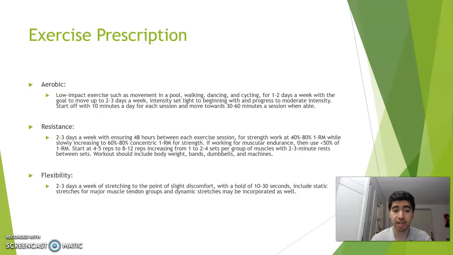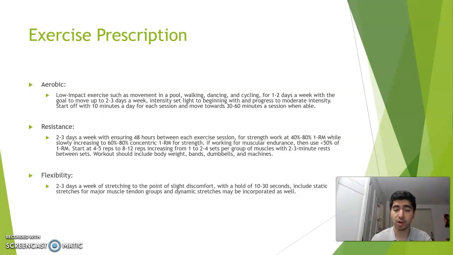For resistance training, we'll have them perform this 2 to 3 days a week, with 48 hours between each session. For strength work, we'll have them work at 40 to 80% of 1RM, with an increase towards 60 to 80% of 1RM. If the client wishes to work on muscular endurance, we can do so by using 50% of 1RM instead.